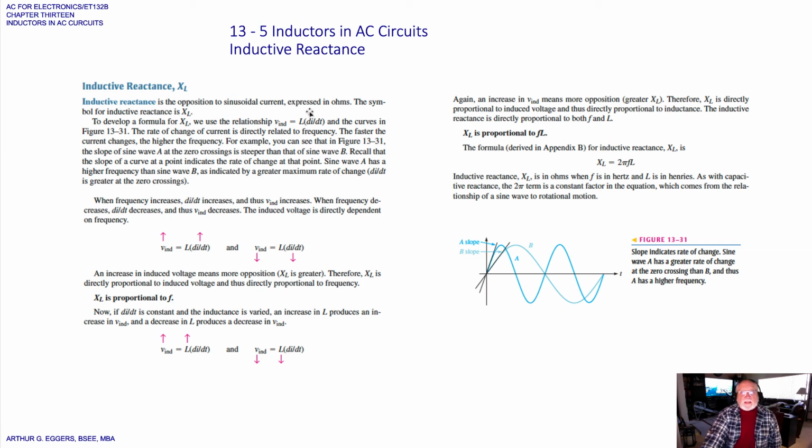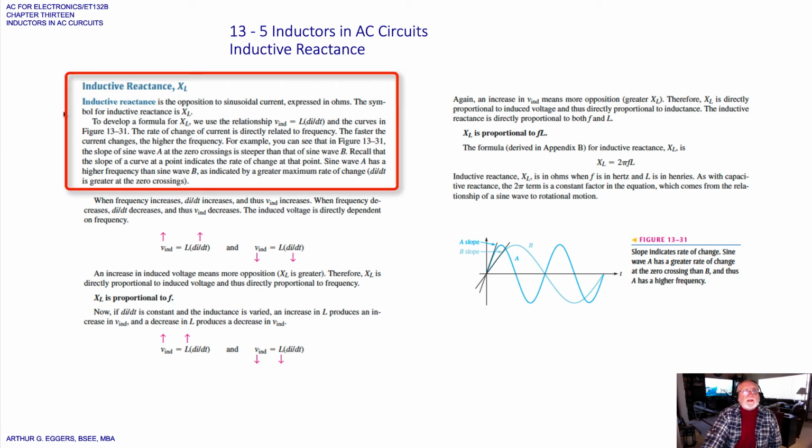Just like capacitive reactance, we need to understand inductive reactance, in this case X sub L. You'll recall we used X sub C in the previous chapter. Inductive reactance is the opposition to sinusoidal current, and we use, again, the unit of ohms.